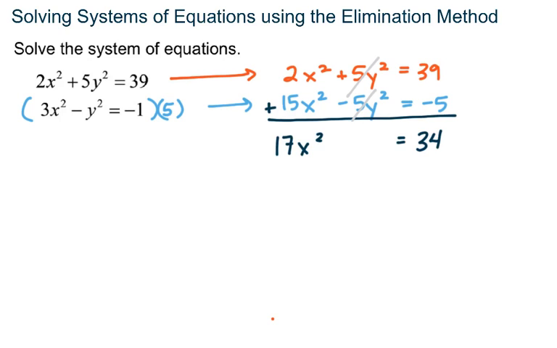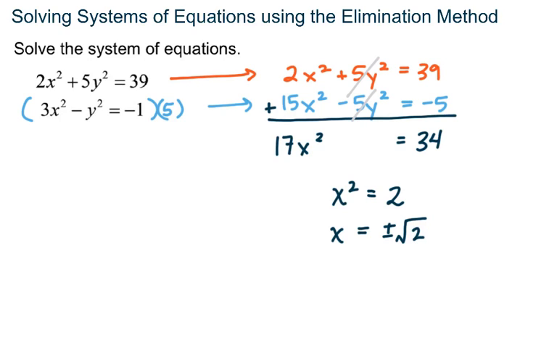Dividing on both sides by 17, that would give me x squared equals 34 over 17, which is 2. And then using my square root principle, I'll have x equals plus or minus the square root of 2. Now, I only have 2 x values, but we know we're going to have to find 4 possible solutions.